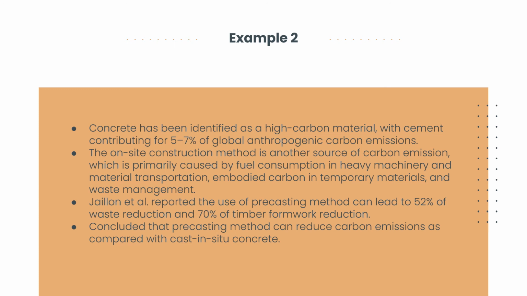Jalen has reported that the use of the precasting method can lead to 52% waste reduction and 7% timber formwork reduction. We conclude that the precasting method can reduce carbon emission as compared with cast in situ concrete.